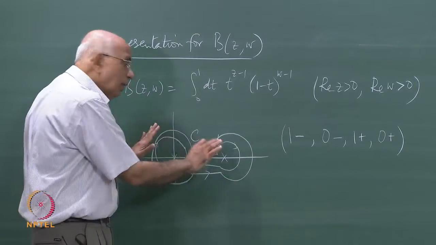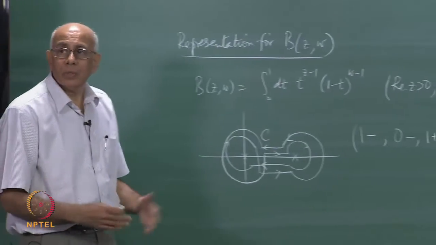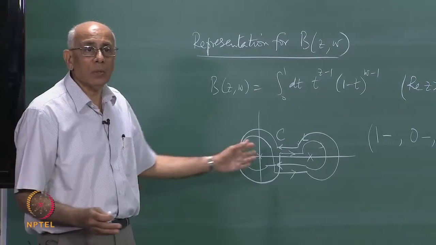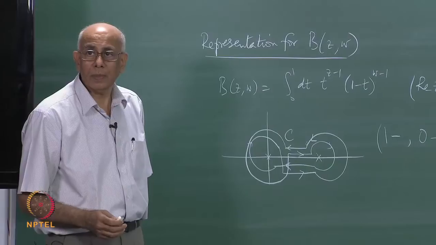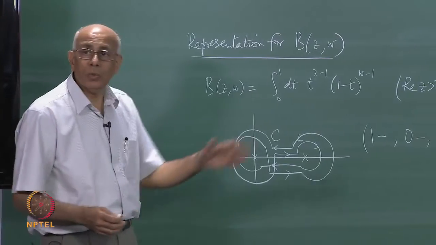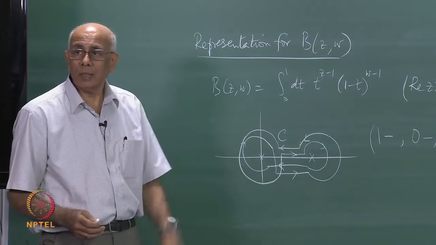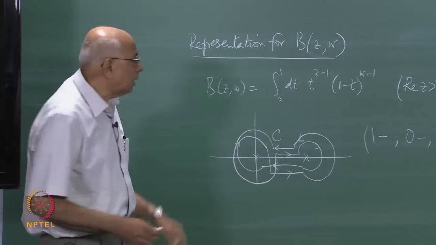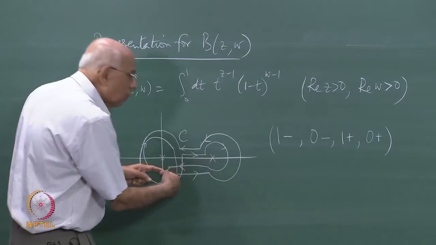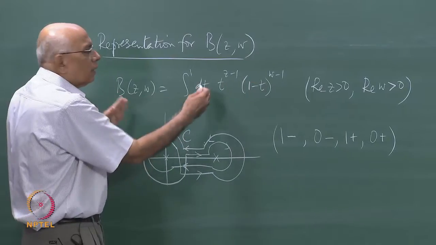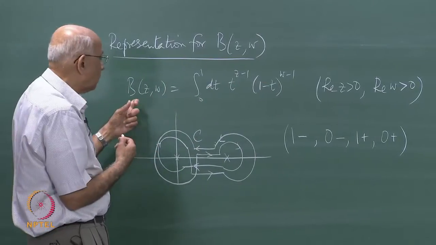But once you have written it in this form, then of course you are away from the points 0 and 1, the contour never passes through either 0 or 1 at all, and therefore no matter what you do with z and w, it is not going to change the convergence of the integral. And each time you multiply, you are going to pick up a phase factor, and I would like to ask what is the integral over m itself equal to, that is what this beta was.